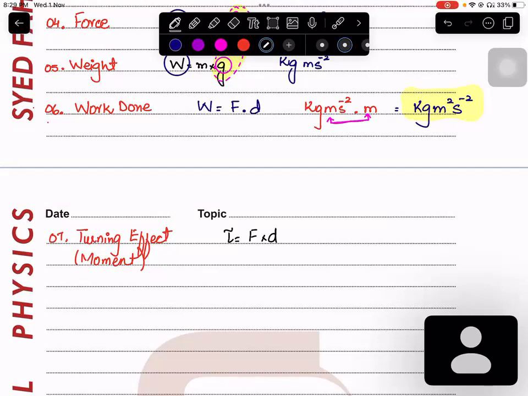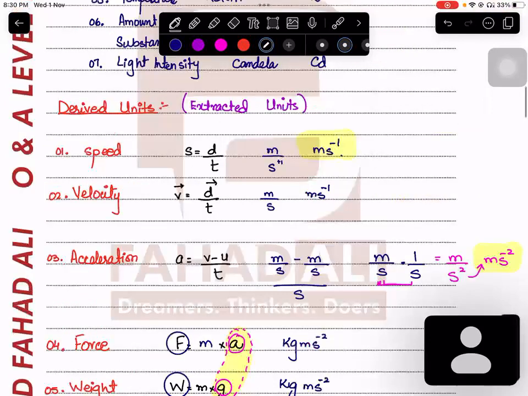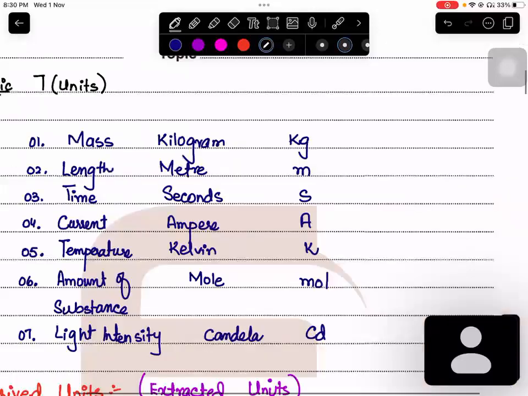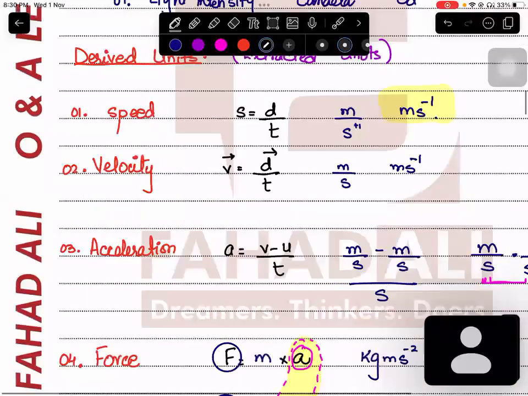These are called derived physical quantities. We are doing derived ones because those seven are basic, and now we are moving on.